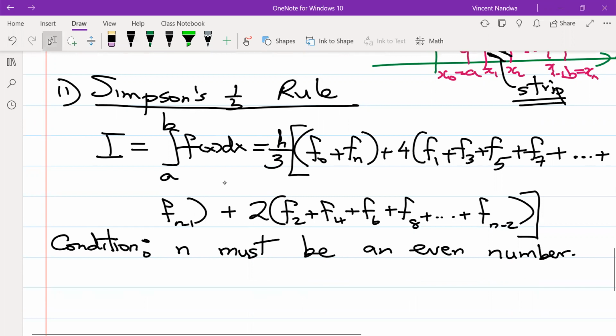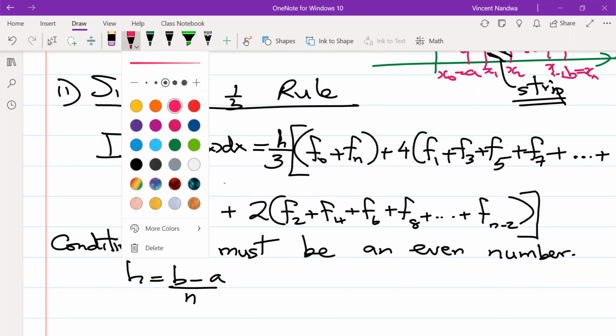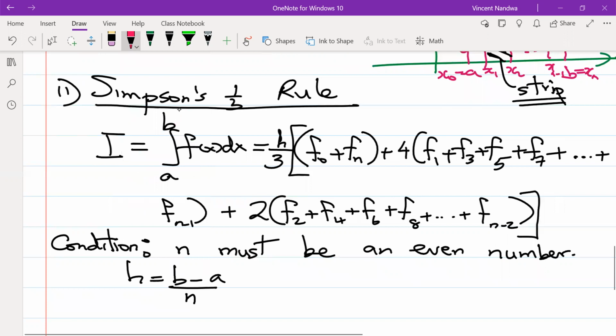So other things remain the same. This h is obtained by b minus a divided by n. But this is very key. We ensure that you are splitting the interval AB into an even number of subintervals, that the number n should be divisible by 2. So in simple terms, to apply Simpson's third rule, there's a factor h over 3, and then inside we have 3 terms, where the first term is a summation of end ordinates.